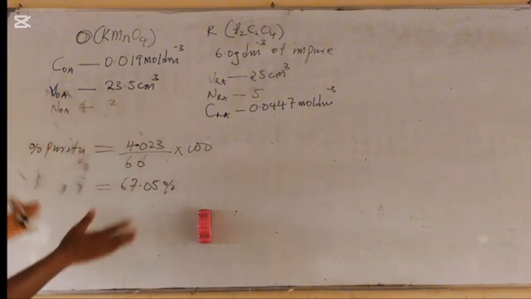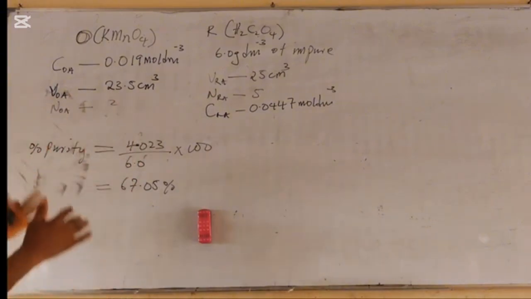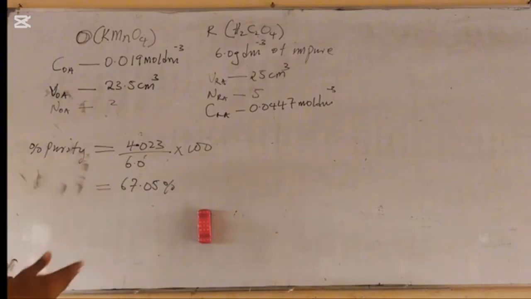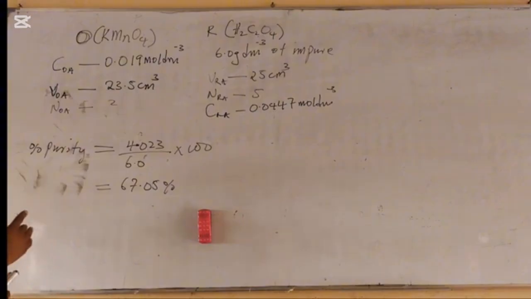All these things we've done, they never asked us to do them, but we should understand from the basic principles of calculations that you cannot get your percentage impurity without knowing the mass concentration of the pure, without knowing the molar concentration of the same ethane dioxide, without knowing the percentage purity. All these steps are there. So it may look simple when you look at it from the onset, but all these steps are there. Once you miss any one, you're out of the game.